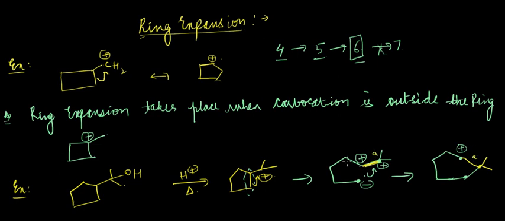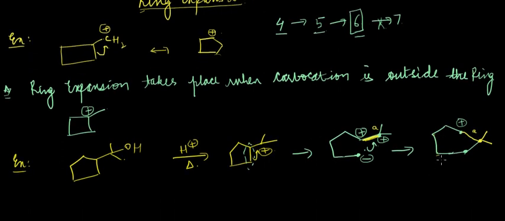Okay, so how many number of carbon atoms are present in this newly formed ring. 1 2 3 4 5 6. Okay, so a cyclohexane is formed in which this carbon atom has two substituents and this carbon atom has a positive charge.